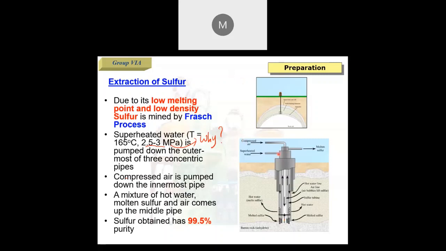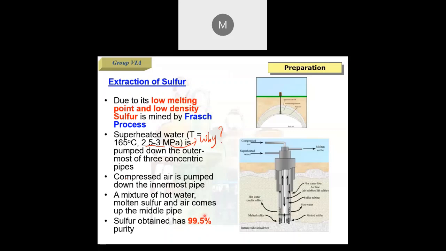This emulsion is less dense than water, so it will rise and come out as liquid sulfur. Sulfur obtained through this process has about 99.5% purity, so it's quite an efficient process.